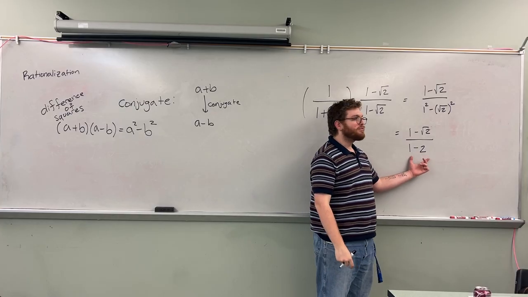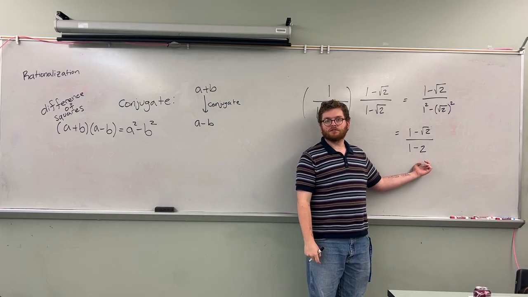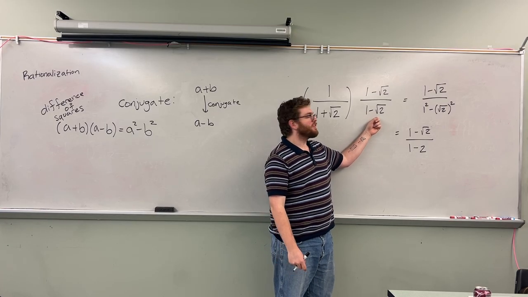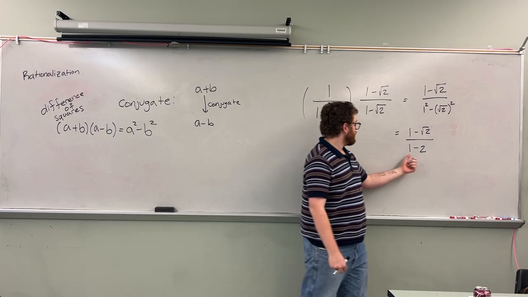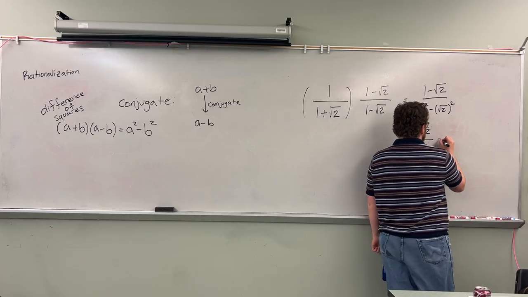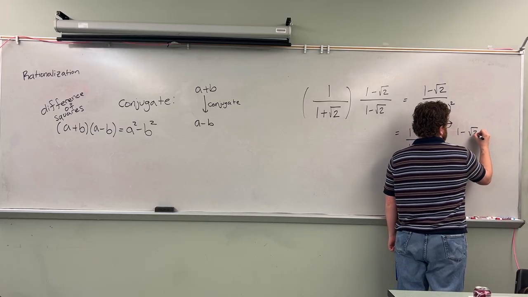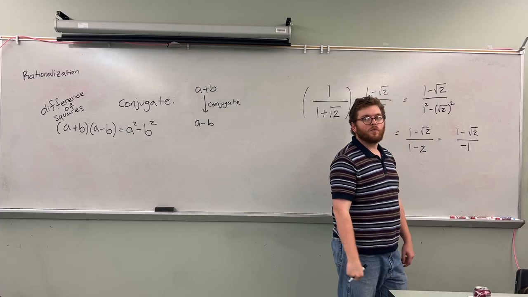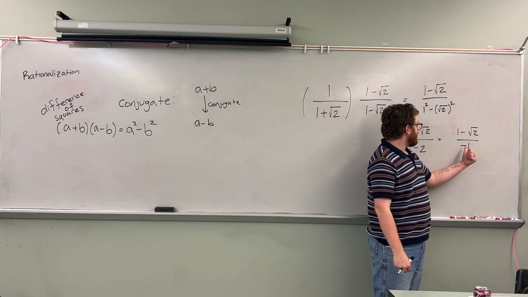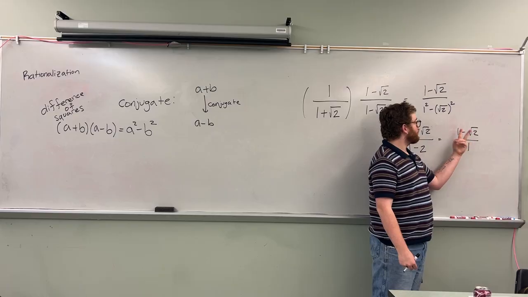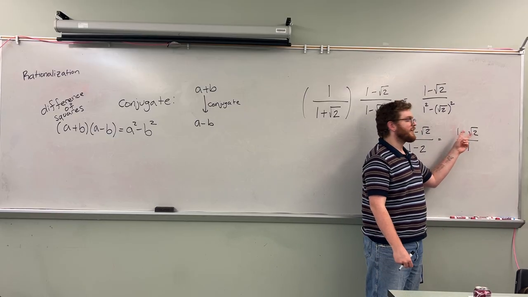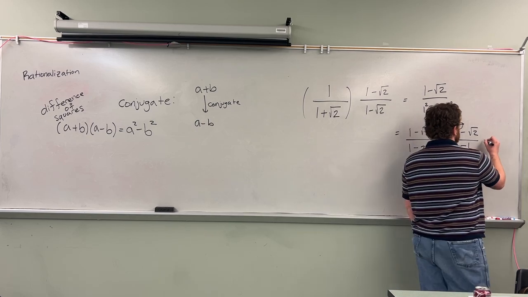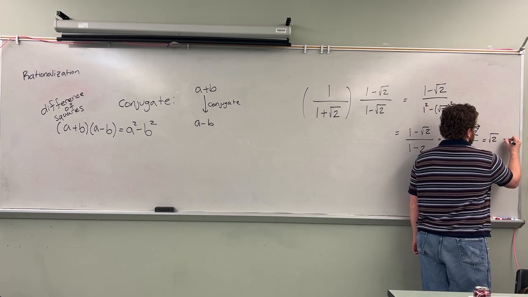So now I have a completely rational denominator, which is what I wanted to take care of. I wanted to get rid of this irrational denominator. And then 1 minus 2 is negative 1. So I get 1 minus root 2 over negative 1. And then if I want to clean this up just a little bit more, I can get rid of this negative sign by swapping the subtraction up top. Or just multiplying by negative 1 over 1, but this simplifies to root 2 minus 1.